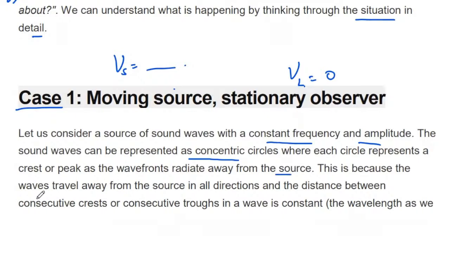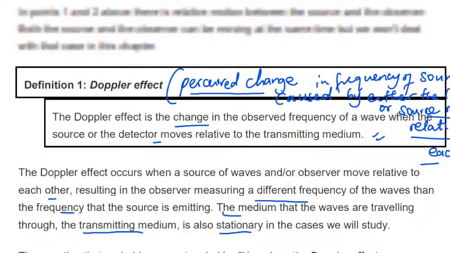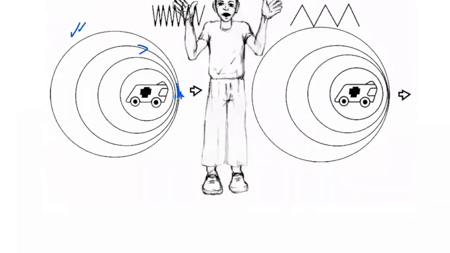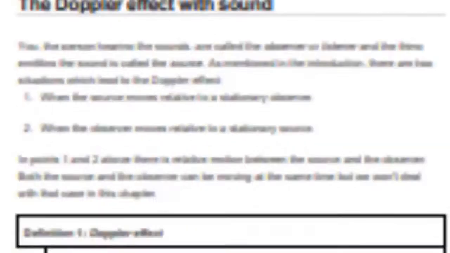This is because waves travel away from the source in all directions, and the distance between consecutive troughs and crests in a wave is constant. This explains the circles that we saw in this scenario, the concentric circles moving towards and moving away.